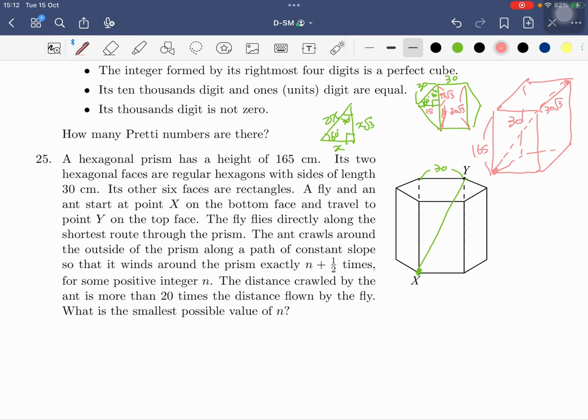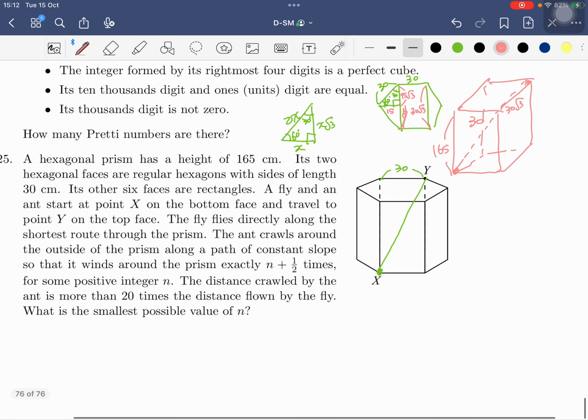The cuboid diagonal has the formula: take each of the side lengths squared, add them together, and take the square root. So 30 squared, 30 square root 3 squared, 165 squared. So this is for the fly.